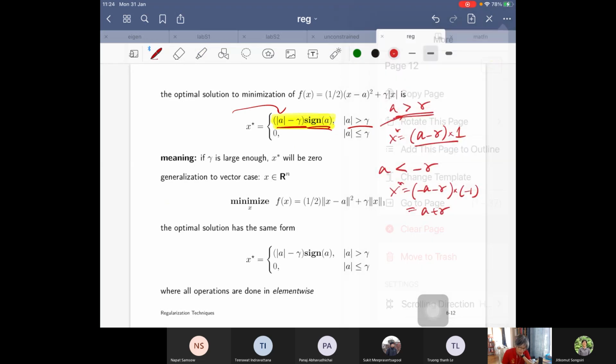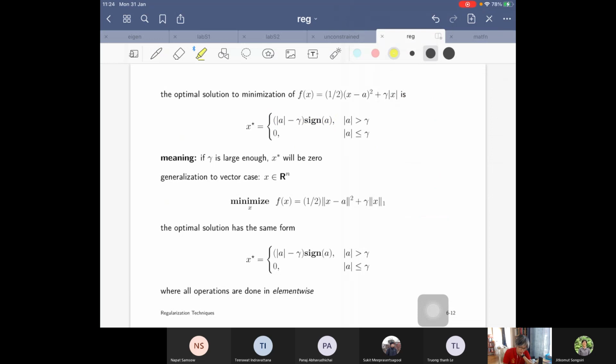We see here that the problem of minimizing this cost objective has a 0 solution under the condition that the magnitude of a is less than gamma. It also means that when gamma is big enough, remember that a is your problem parameter, it's given to you. Gamma has the meaning of a penalty parameter.